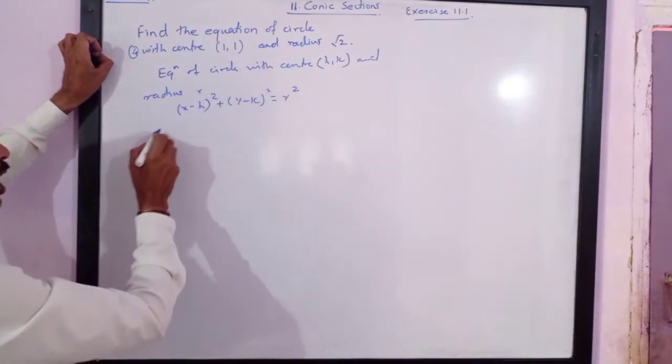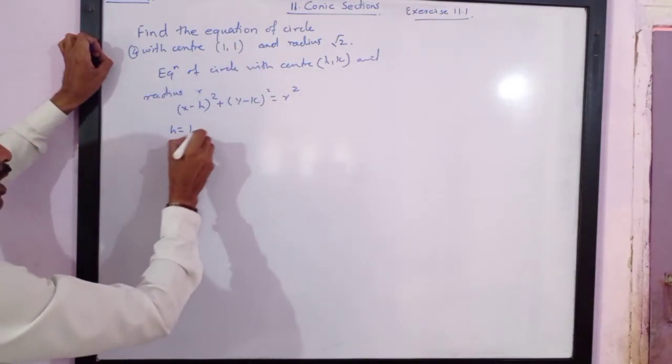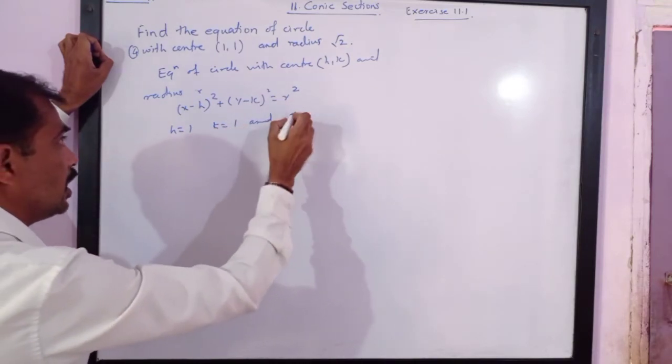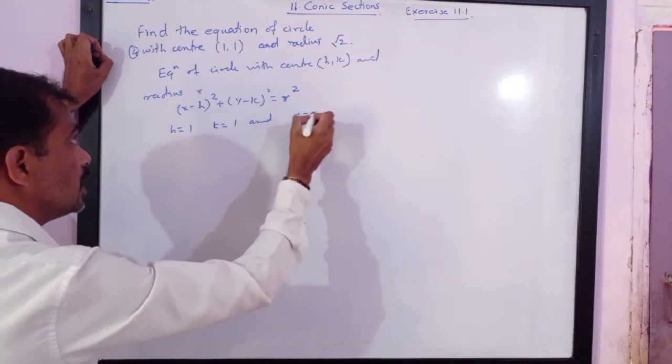So if you compare these values, you will get h is equal to 1, k is equal to 1 and radius r is equal to root 2.